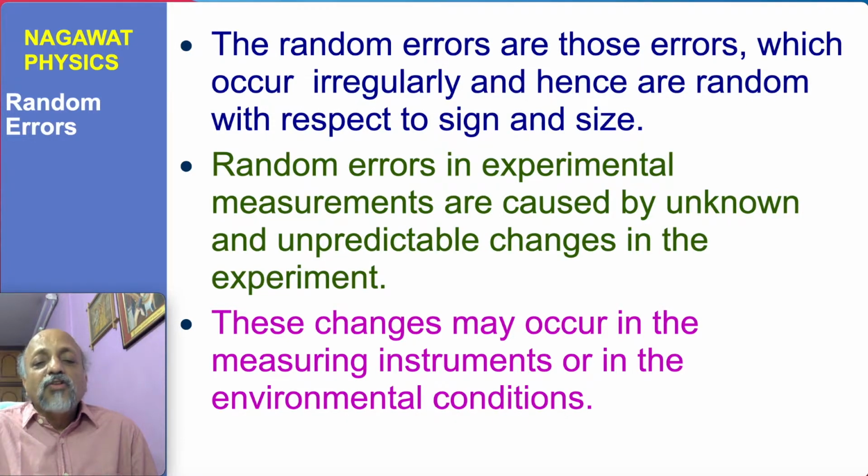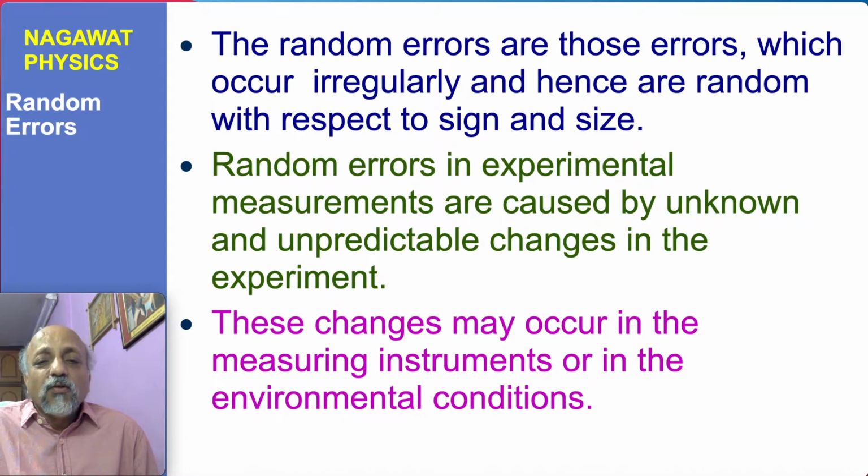Instead of considering the individual measurement, we will make many measurements and treat the average value of all the measurements as the value of the measurement. These changes may occur in the different values which you measure because of the measuring instrument or because of the environmental conditions, and there may be many unknown reasons for random errors in experimental measurements.